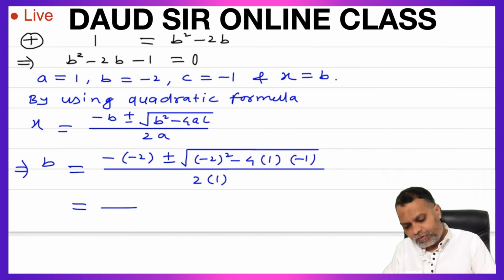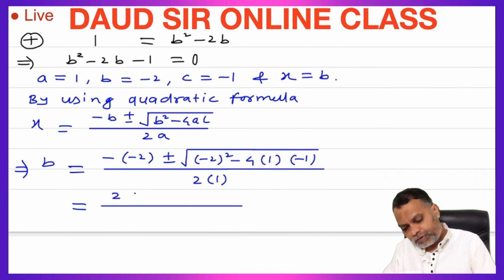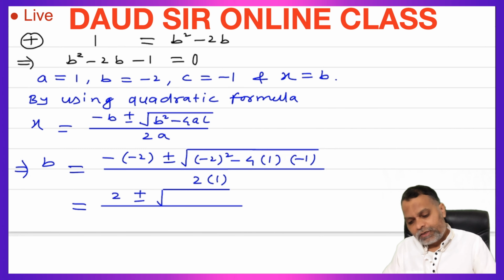Which is equal to 2 plus minus under root 4 plus 4 upon 2.